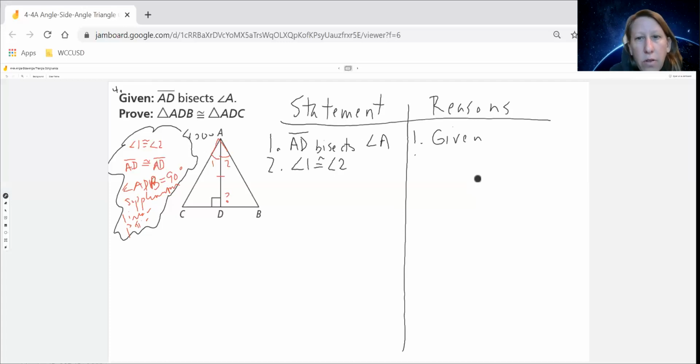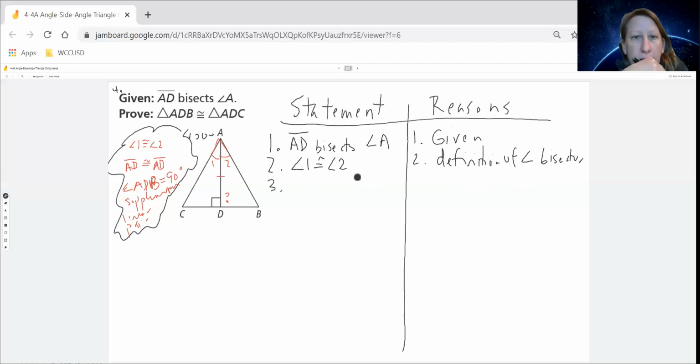Now, how did I know those were the same? Because I know what bisect means. So this is going to be the definition of angle bisector. I know that AD is cutting angle A perfectly into two congruent angles.